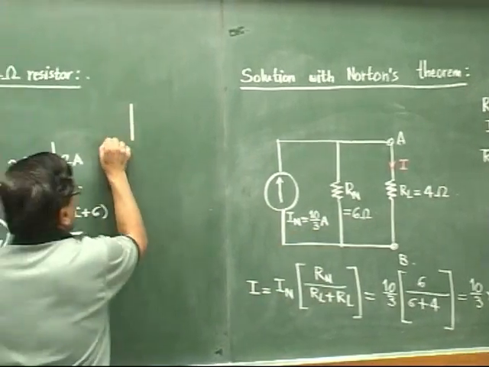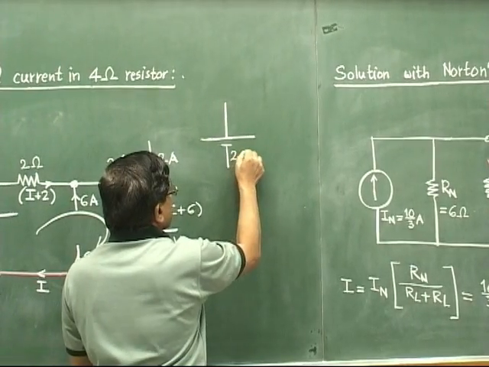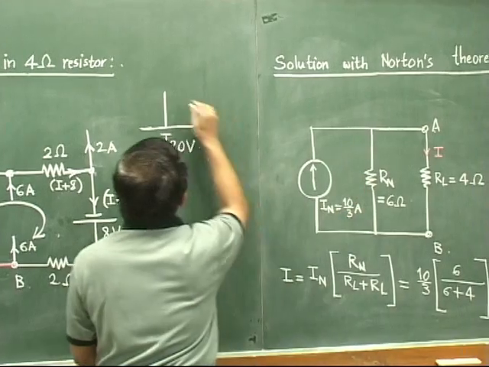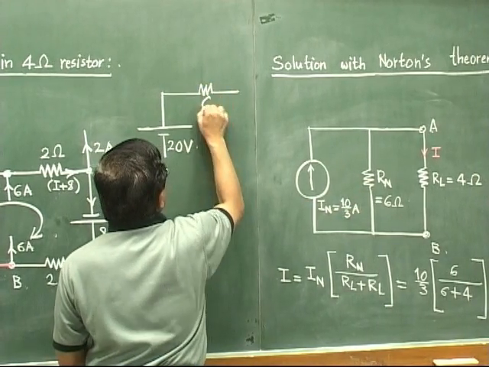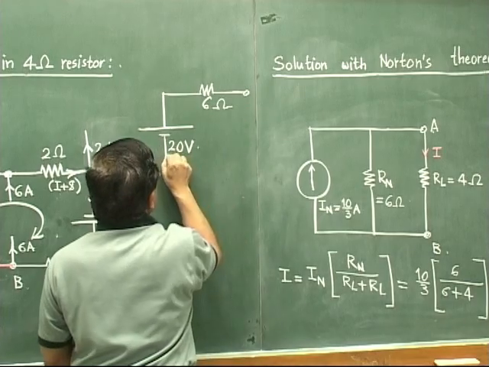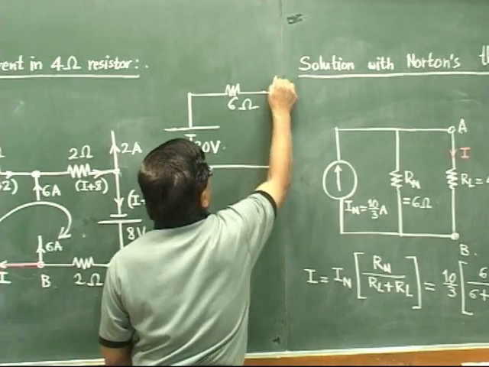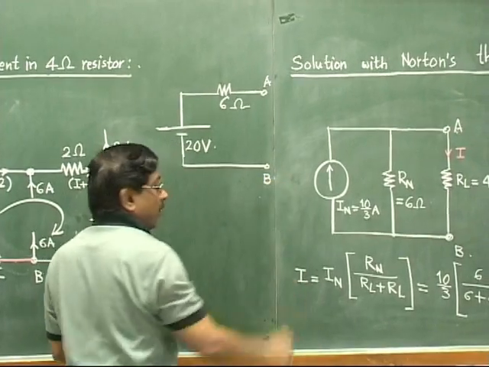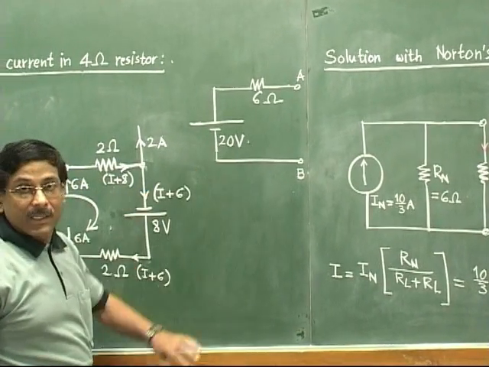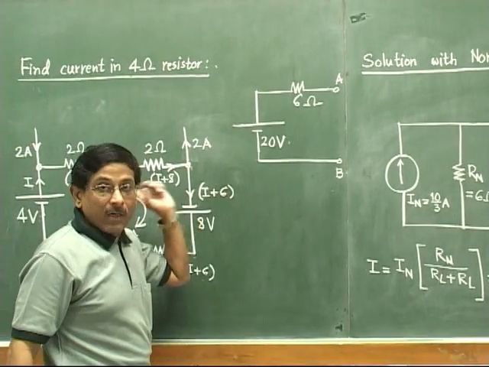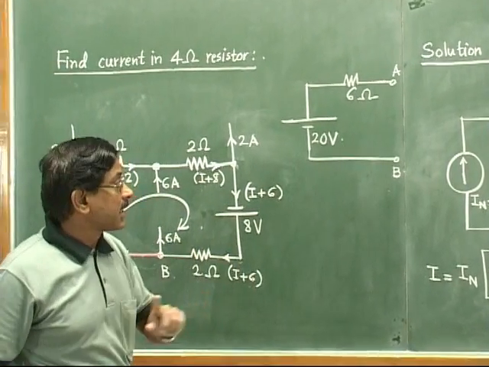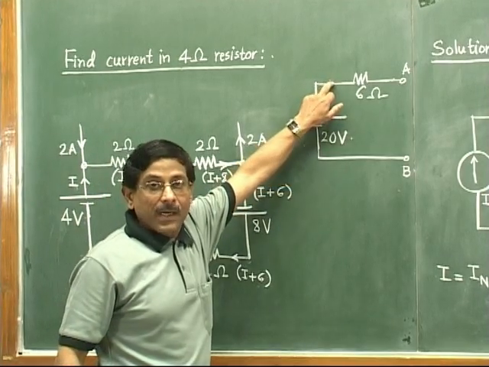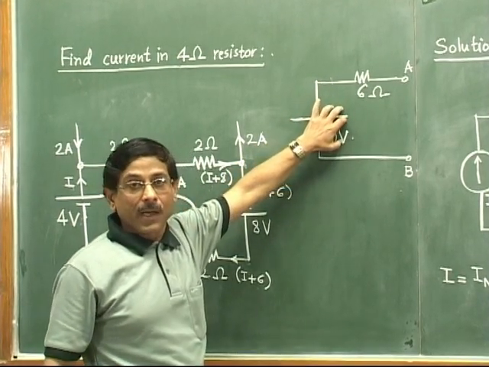That means the voltage source will be of 20 volt, and the same resistor of 6 ohm will be in series. So this should be the equivalent circuit as obtained from Thevenin's theorem. And you can cross-check, while we were solving the same problem with Thevenin's theorem, we got this same circuit as the Thevenin's equivalent circuit.